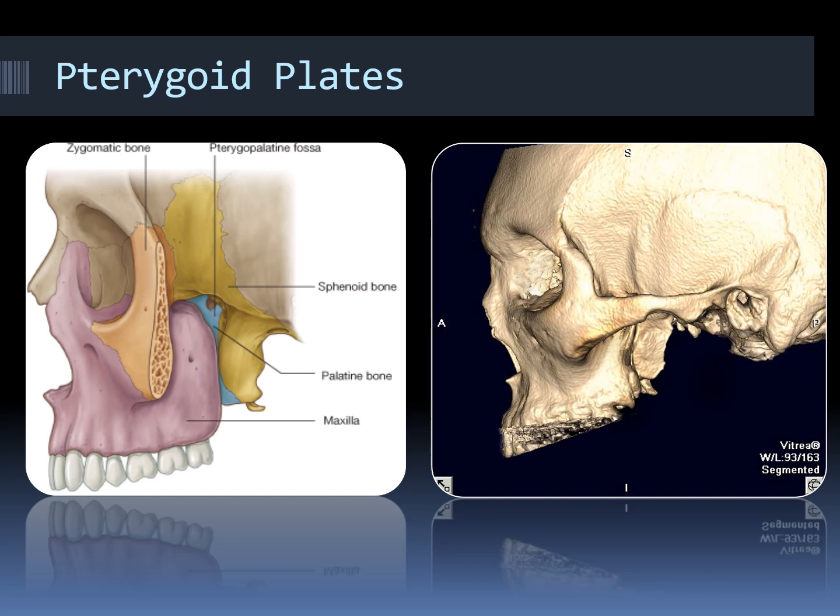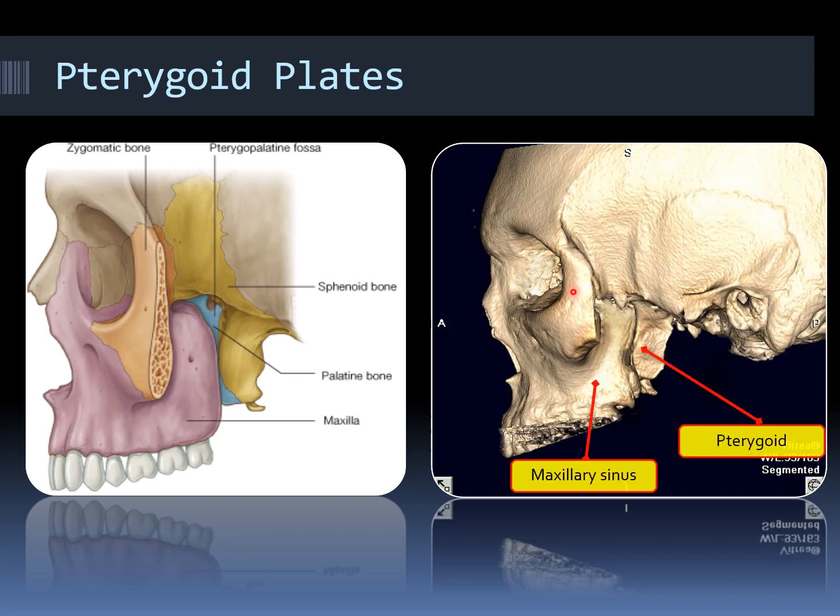So here, you could see your maxillary bone, your zygomatic bone, which is cut, and below it you could see your sphenoid, this one, the yellow colored bone area, and then this one is your palatine bone, and you could see here in the middle your pterygopalatine fossa.